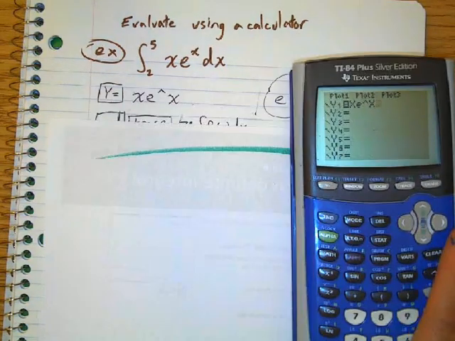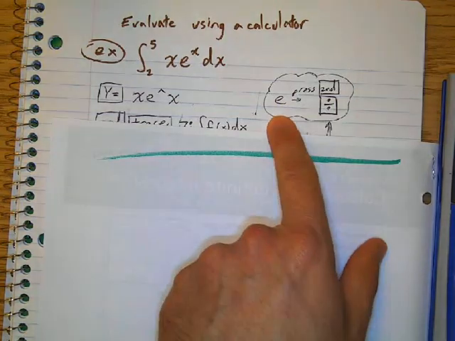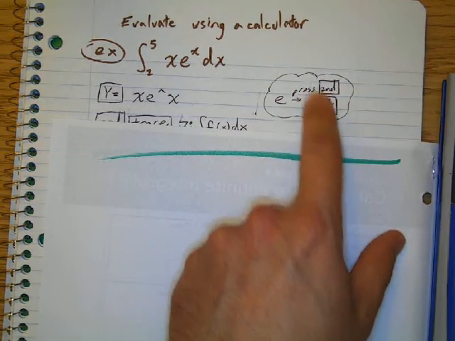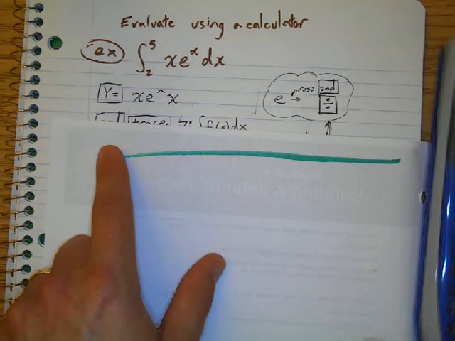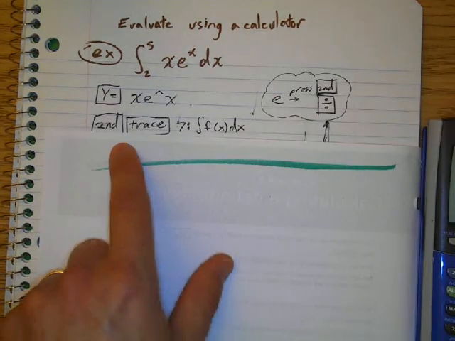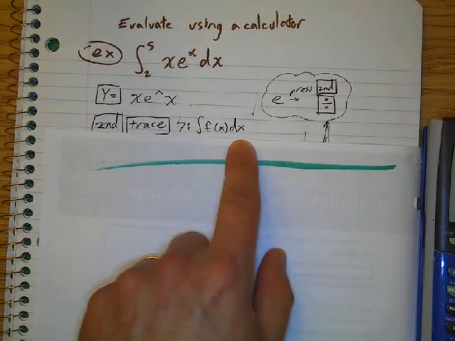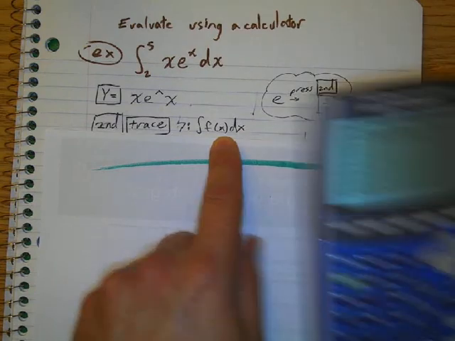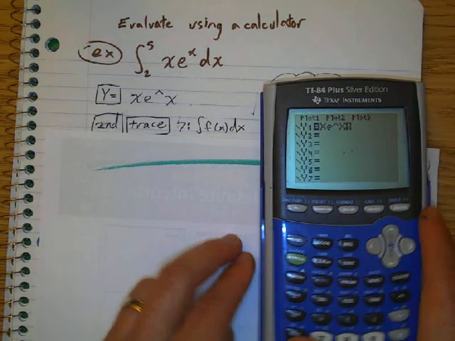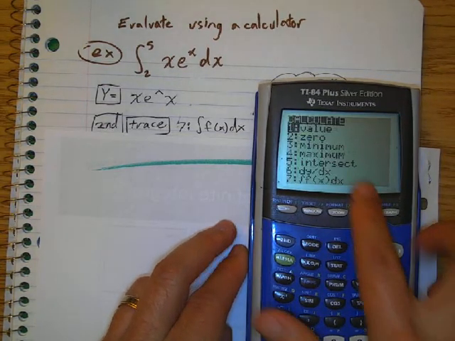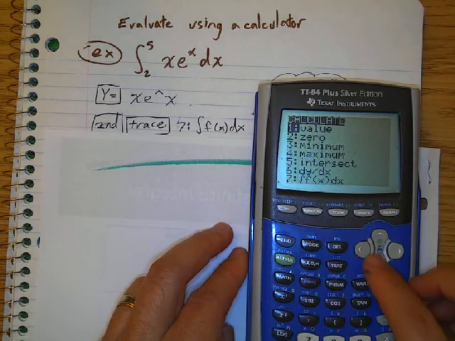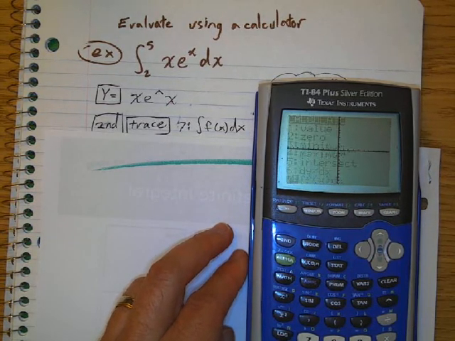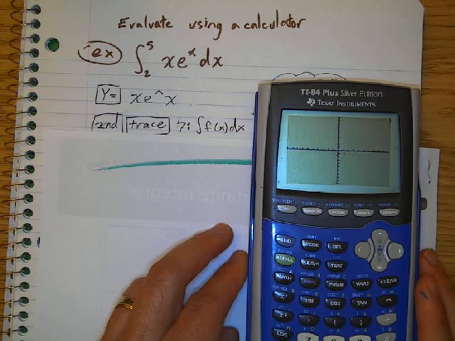Okay, so to get e, you hit second and divide. The next thing I'm going to do is hit second and trace to get the integral here. And then I get this choice down here to do the integral.